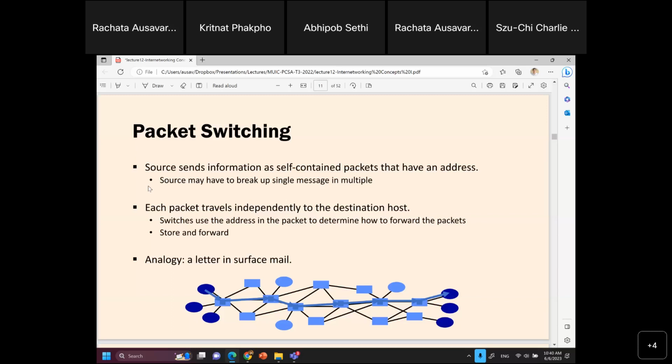But here's the key idea. When I have a packets, each packet can travel to the destination independently. Compared to actual mail, you send 3 different letters, they can go in whatever way they want, they just arrive at the host. They can take different routes.